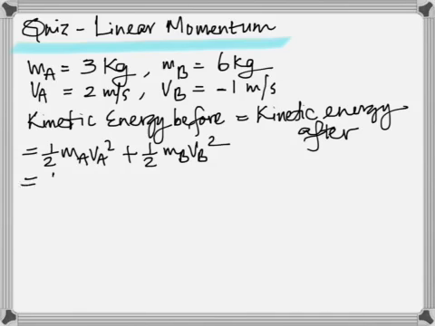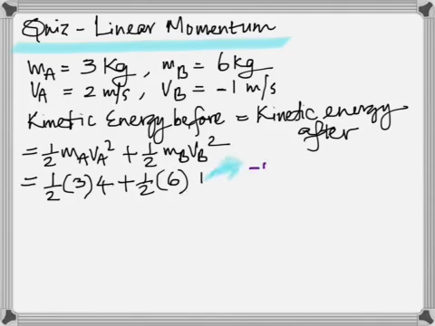Plug in the numbers. 1/2 times 3 times 2 squared is 6, plus 1/2 times 6 times -1 squared, which is 3. When you add them up, you get 6 plus 3, which is 9 joules.